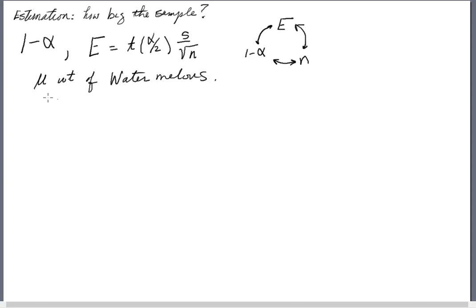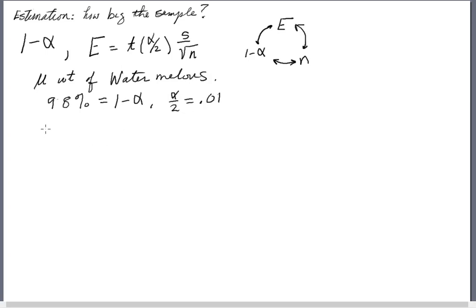to use E. Now suppose that we want to be 90, does it really matter? Let's just say 98% confident in the estimate that we give. So 98% would be 1 minus alpha, and that means that alpha by 2 would equal 0.01.